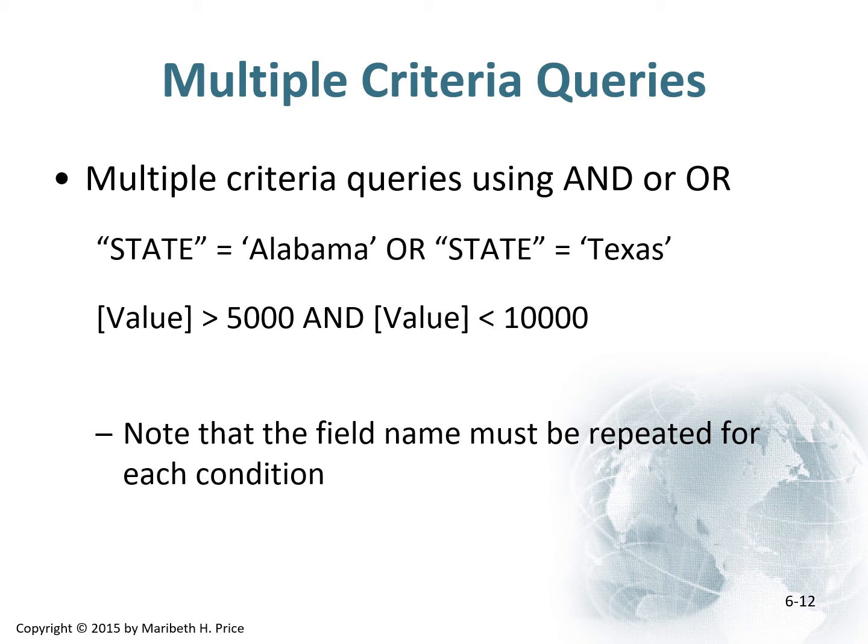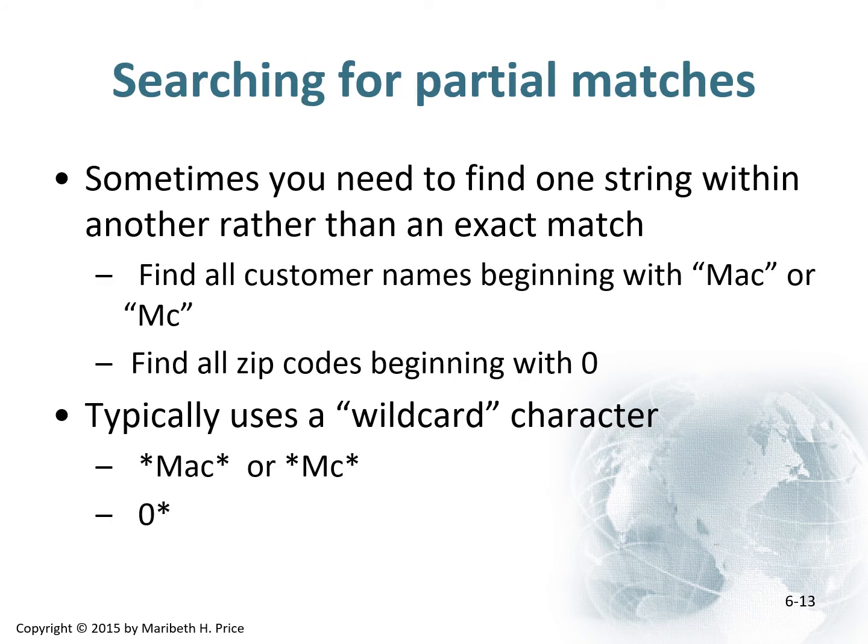You can use multiple criteria. Ands and ors are exactly as you would think. You can search for partial matches using these wildcard characters, and that'll help you find things that partially match what you're looking for. Or you can search for a partial term and it will find it within whole terms.